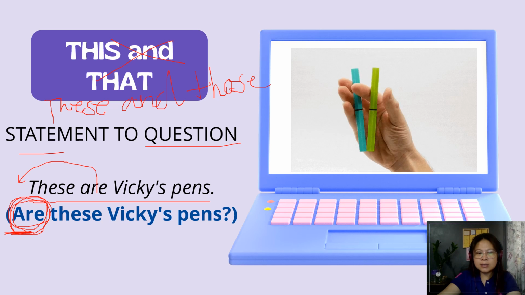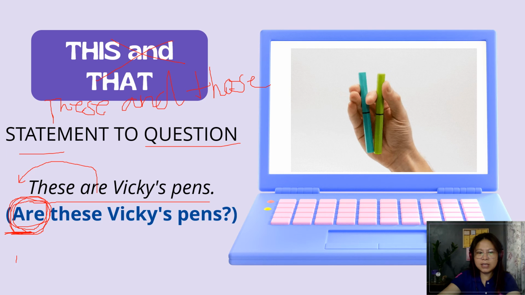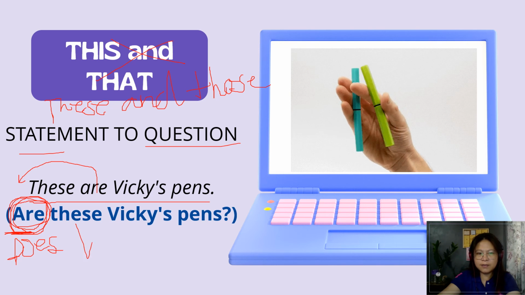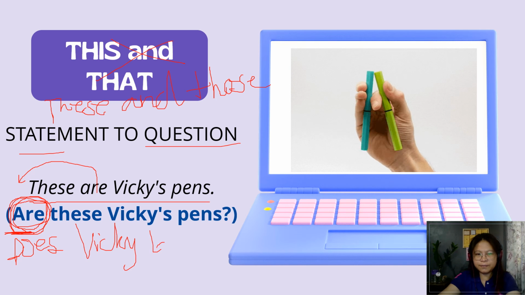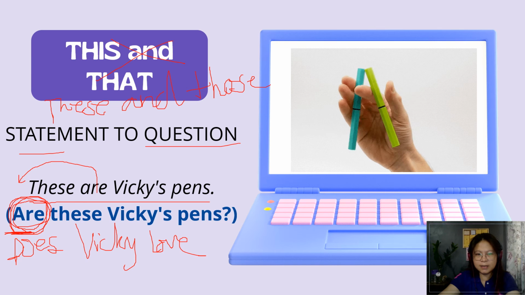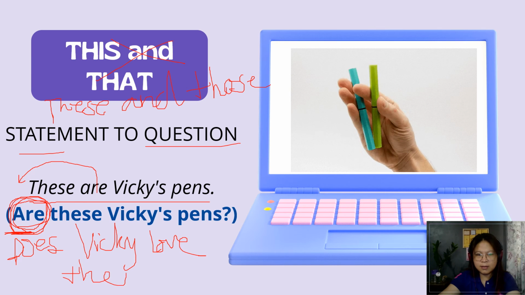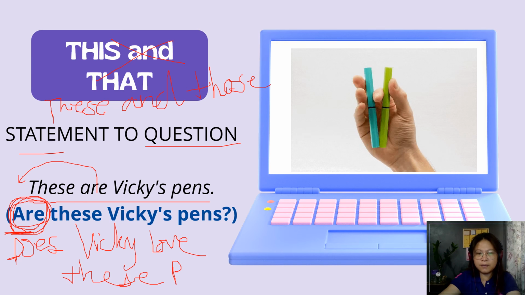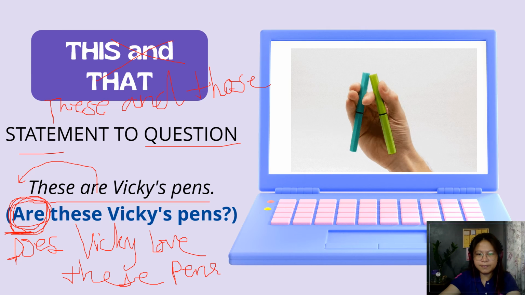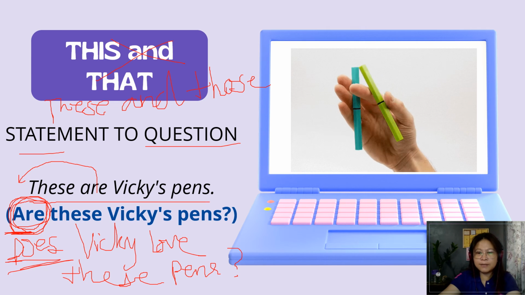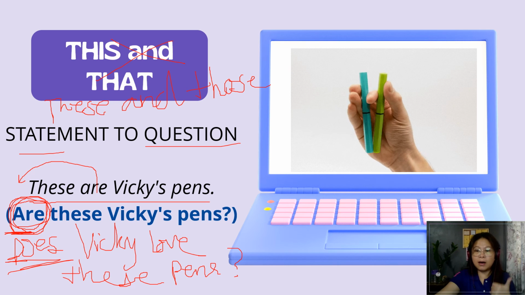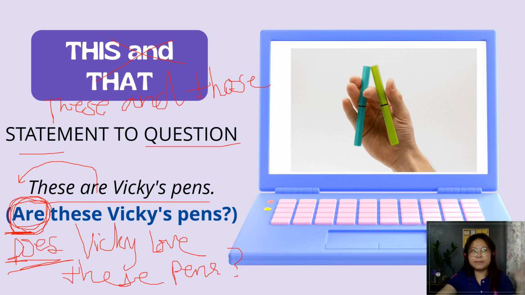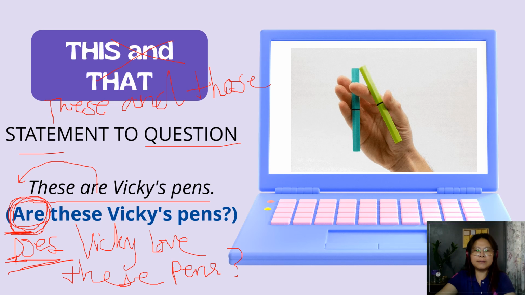Or we can say, does Vicky love these pens? Does is the verb. So we put the verb in front of the sentence.